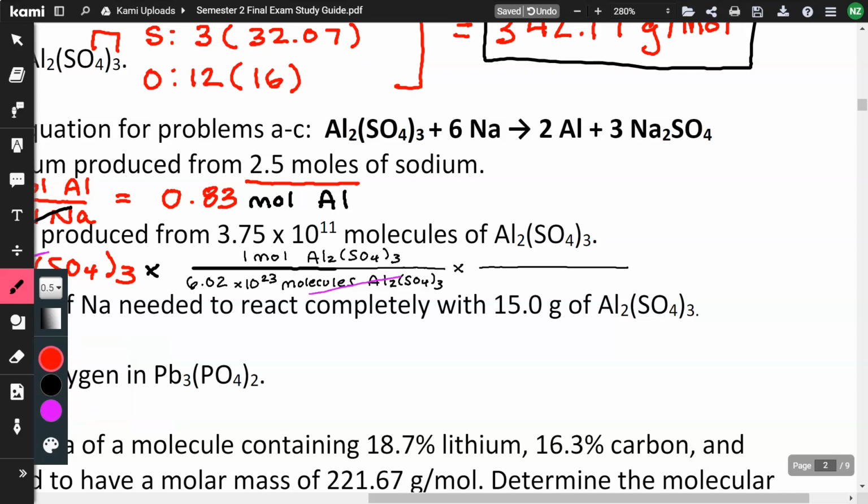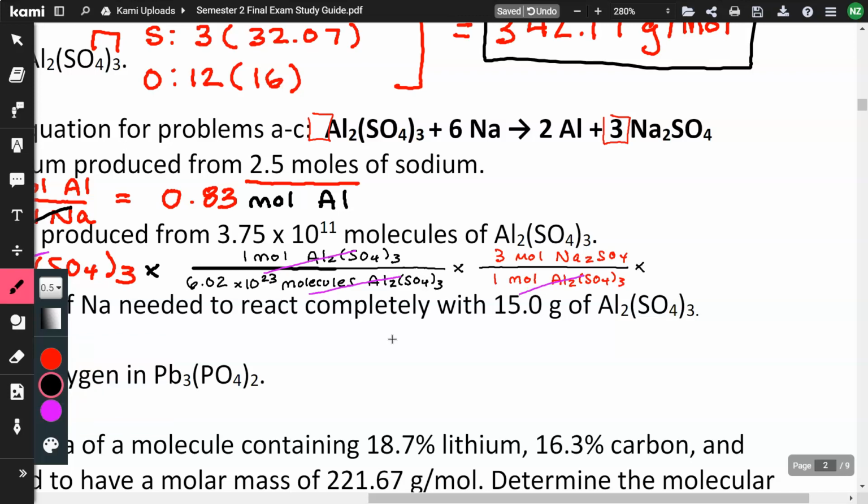So looking at our question here, there is not a number in front, so that'll be a 1, and then we have a 3 in front of our Na2SO4. So it's going to be 1 mole and then 3 moles. Okay, these units will cancel.